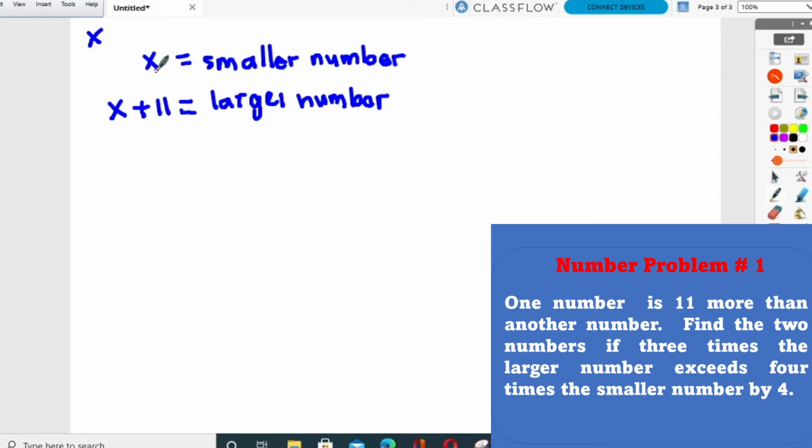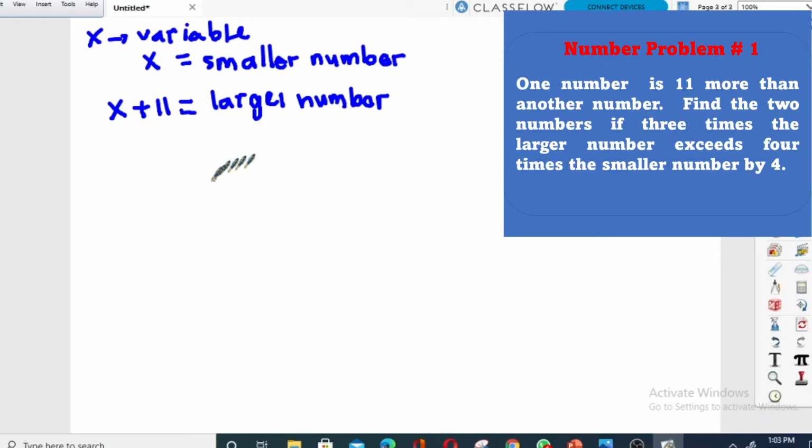So we assign x as the smaller number and translate the first sentence into an algebraic expression, which is x plus 11, 11 more than another number, which is the smaller. Okay, so that is the first step. This first step is very important. So this will be our variable.